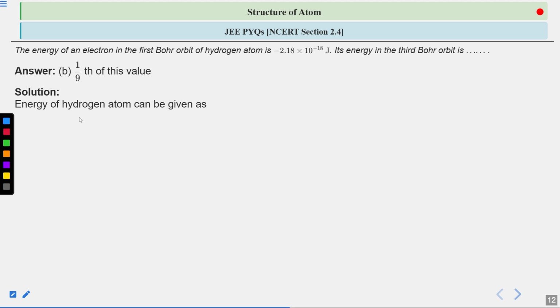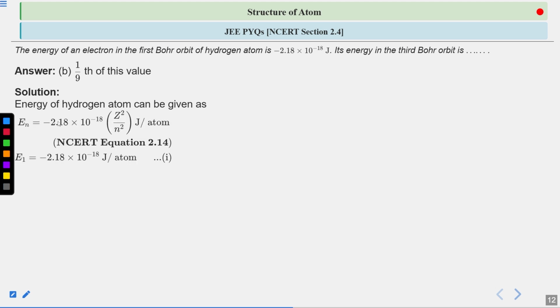It is given that the energy of the nth orbital is minus 2.18 into 10 to the power minus 18 multiplied by Z square by n square, where Z is the atomic number and n is the number of shell, joule per atom.